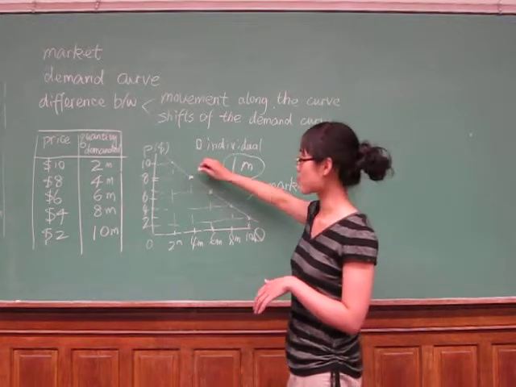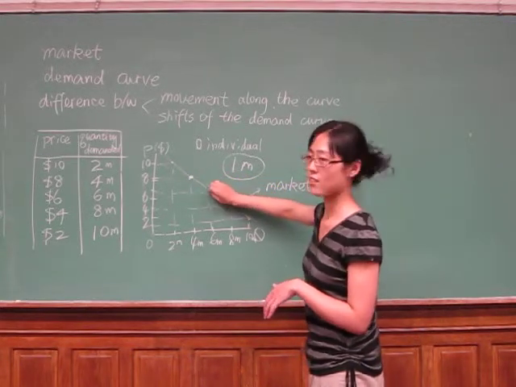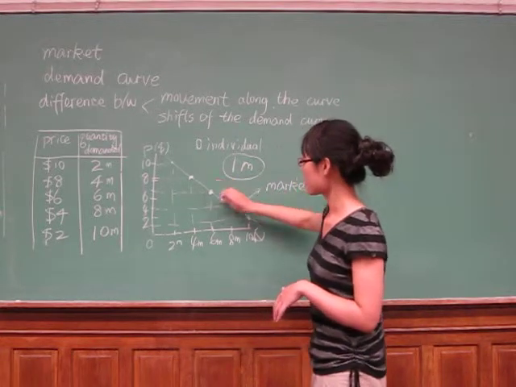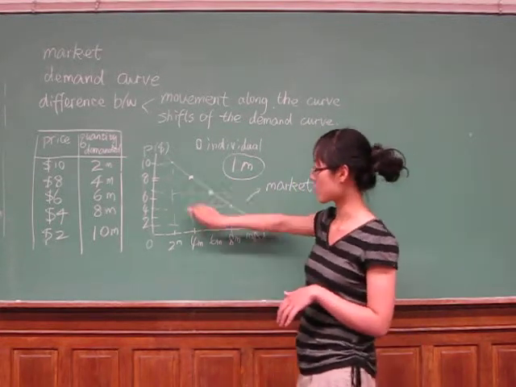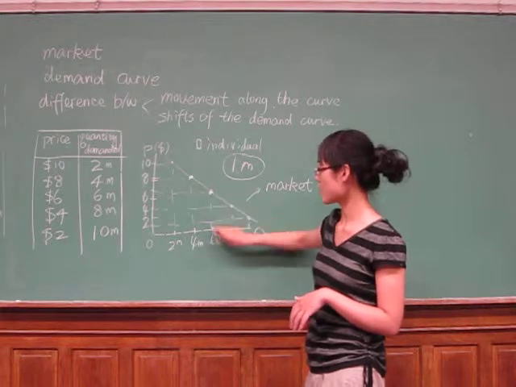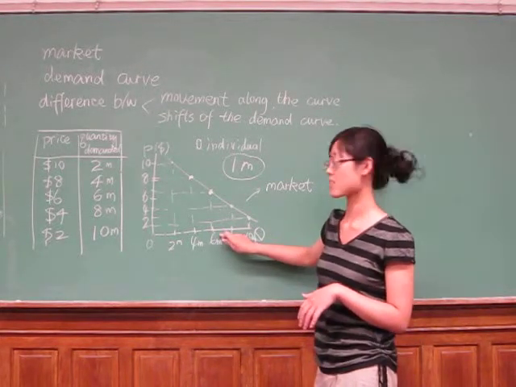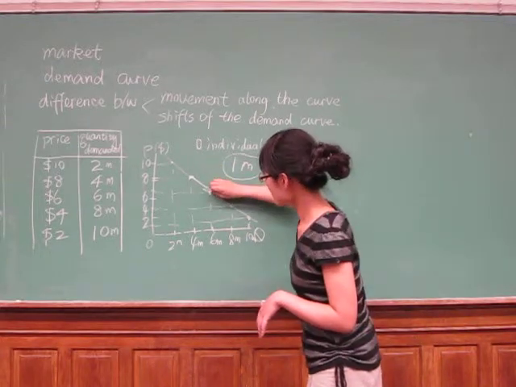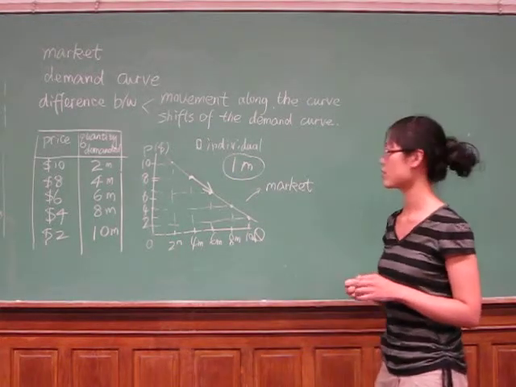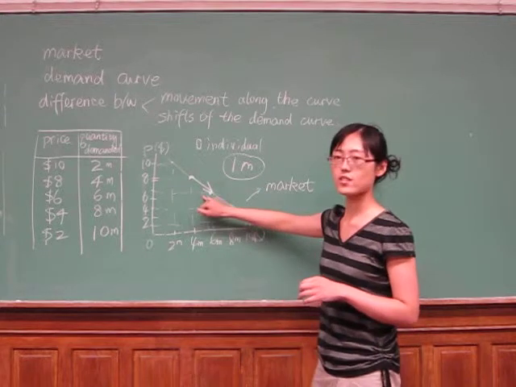And today the price is $6. Then the person, who yesterday wanted to consume 4 cups, now that the price falls wants to consume more, 6 cups. This is the movement along the curve.